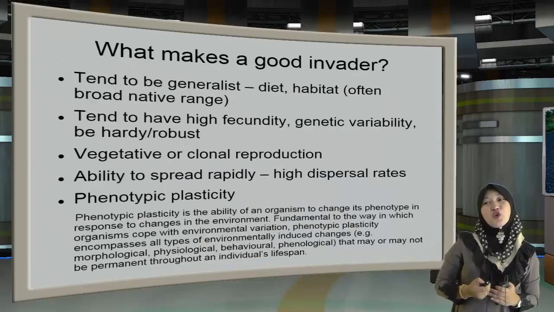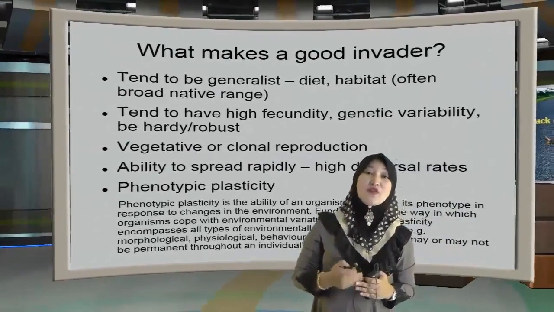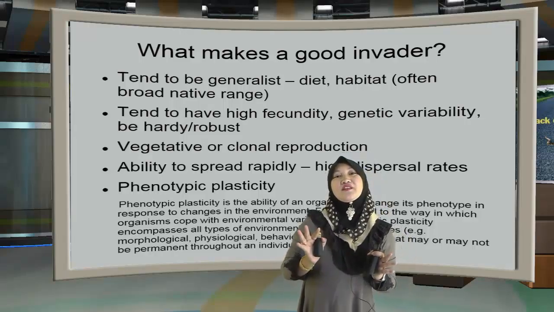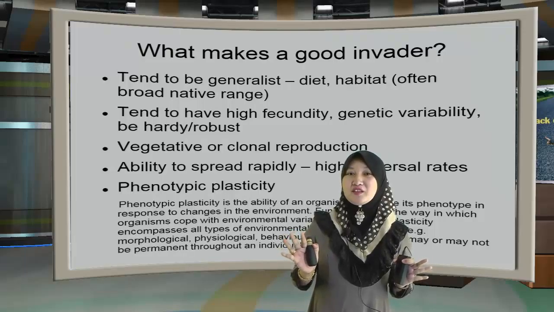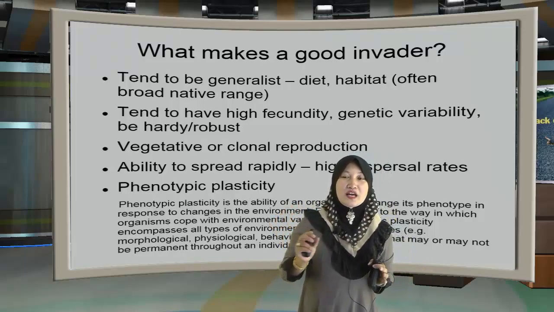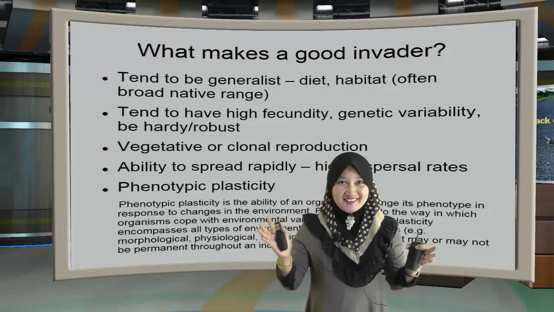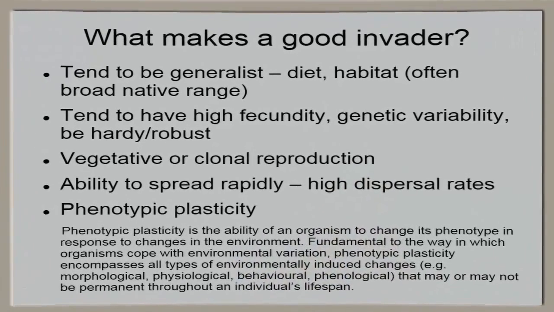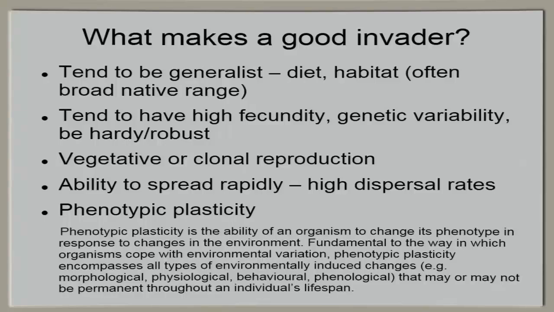So now that you know the important terms for this topic, one more question that I wanted to ask everyone. What makes a good invader? To invade a place, you need to be what? So this is the list of how to be a very good invader in terms of exotic species.